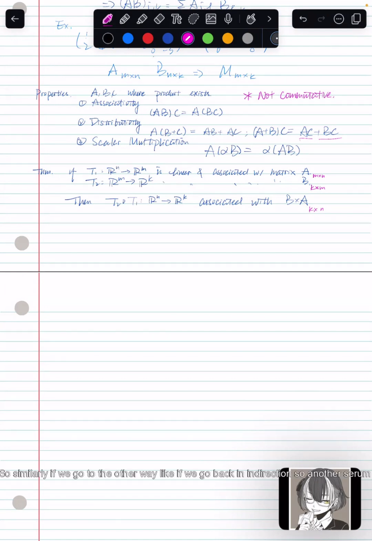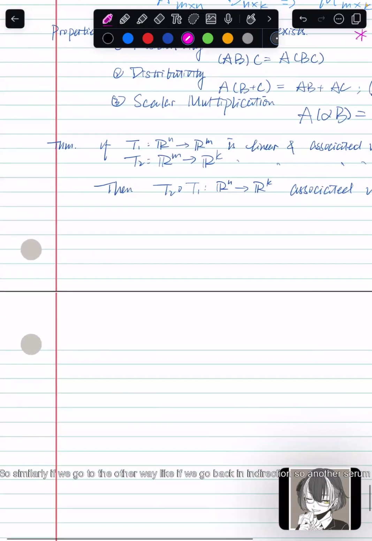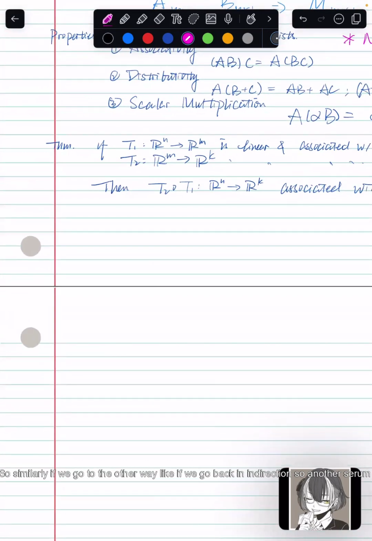So similarly, if we go the other way, back in direction, another theorem.